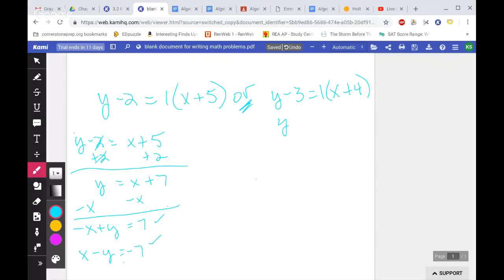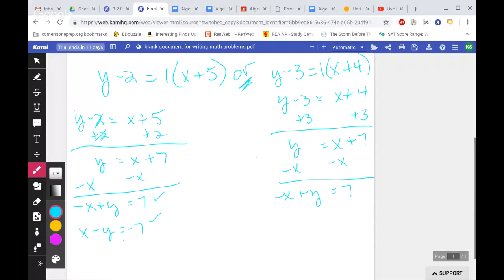Just to prove the point, if you wanted to do this one, it turns out to be exactly the same.